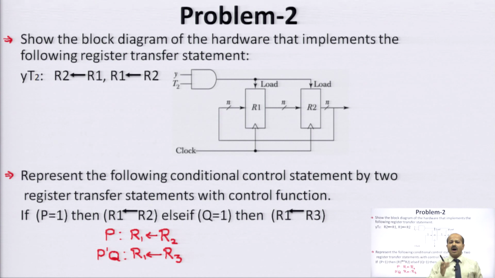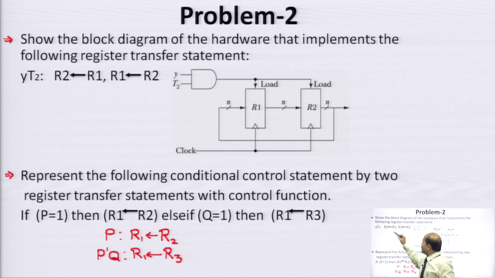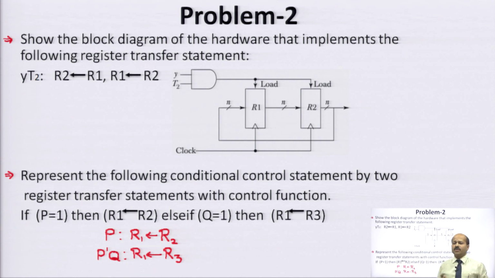The content of R1 will be transferred to R2, and the content of R2 will be transferred to R1. So, here in this problem, we have to draw the block diagram or circuit diagram for this particular control transformation operation.